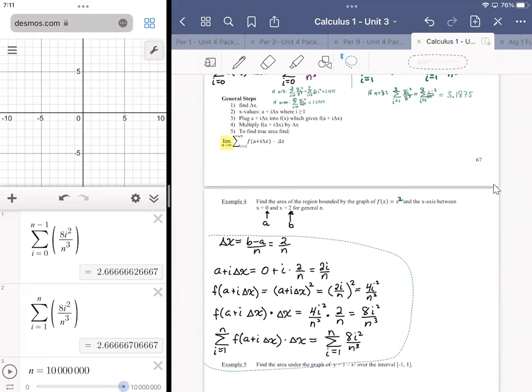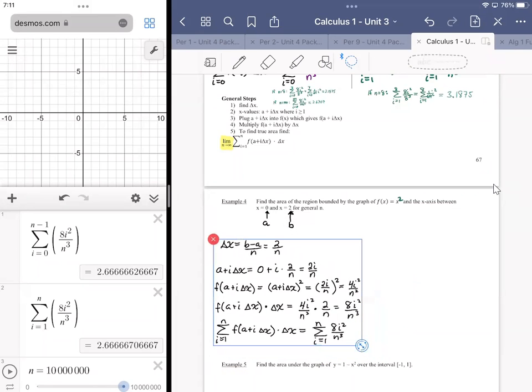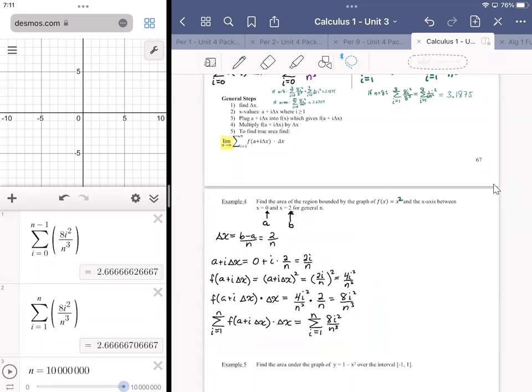Right, so this is what we have to evaluate. We have to be able to apply a limit to this, the limit as n approaches infinity. Right, so if I were to try to do this, we'd have the n cubed on the bottom, and that's all well and good, but I would need the sum from i equals 1 to n of 8i squared.